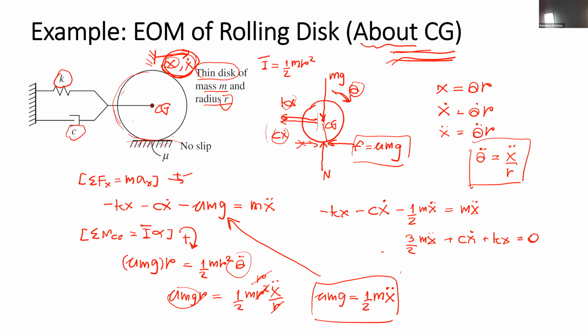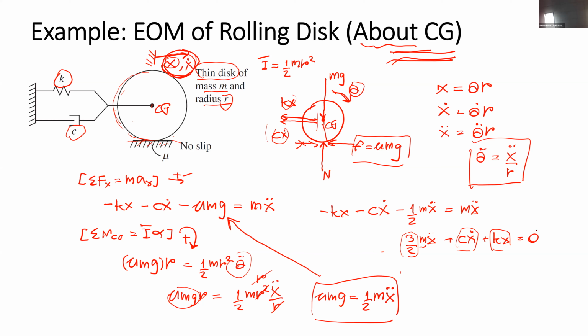So by the effect of the rotation, instead of having only one mass, we need to have an additional effect of inertia due to the rotation. And the effect from the damper and the spring still stays the same.